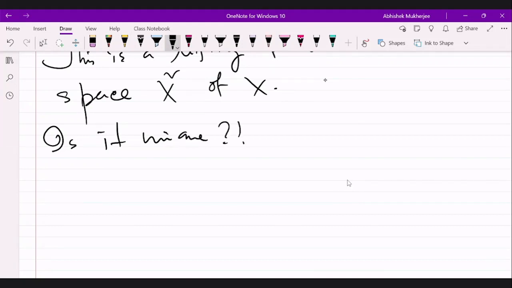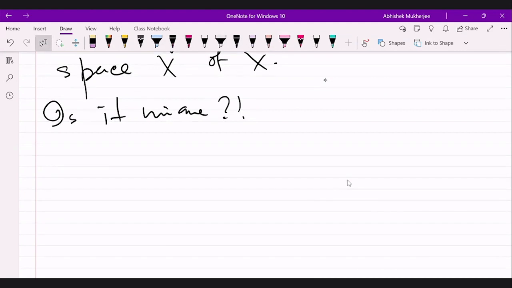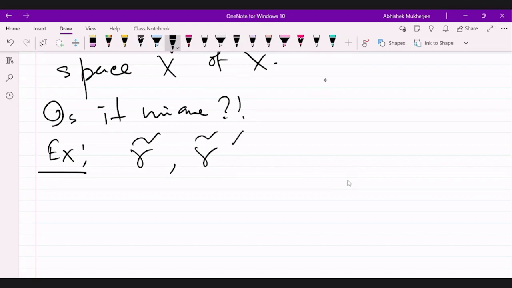The answer is yes. But for that one, I'm just giving you another exercise, just using the connectedness. That is, if you have two liftings, suppose one is gamma tilde and another one is gamma tilde dash. Let us give you the general problem.